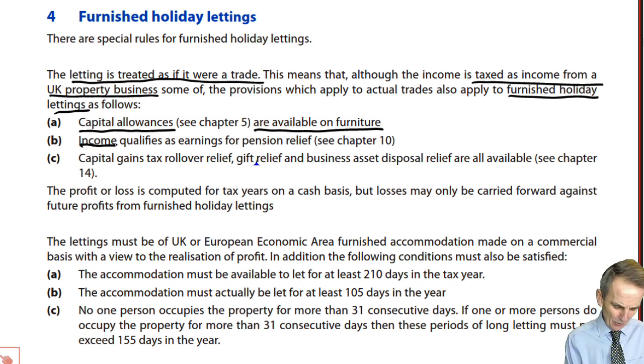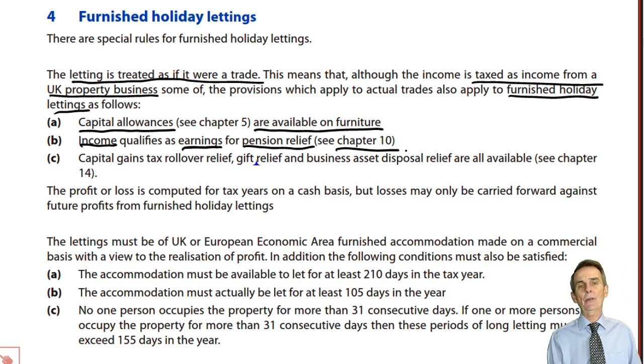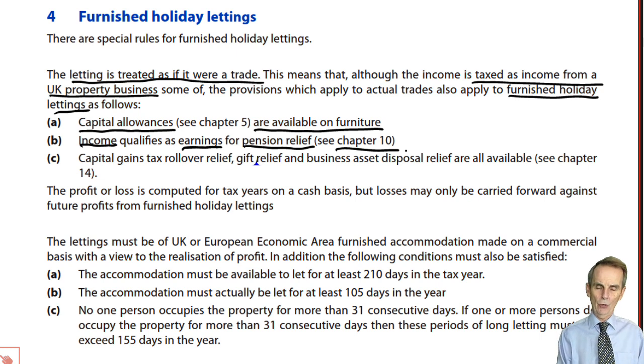Also, the income that we derive, though it's still classified as property business income here, qualifies as being earned income for purposes of pension relief. Now that again awaits us in Chapter 10. But there will be limits as regards the pension contributions that we pay into a pension fund as to how much of those contributions in any tax year will be allowable in terms of the preferential tax treatment that applies to pension contributions.